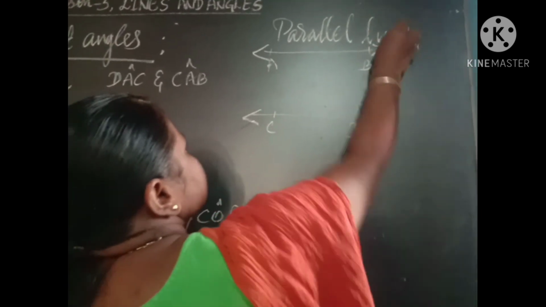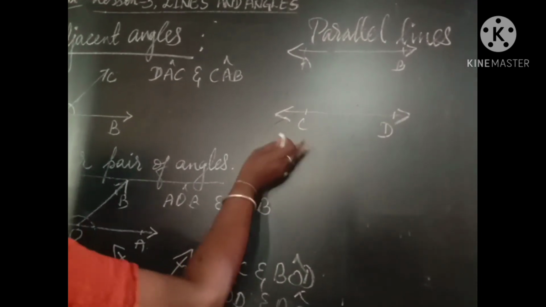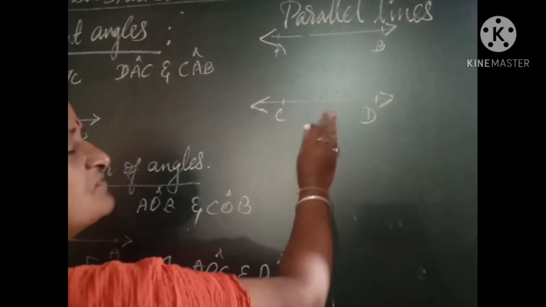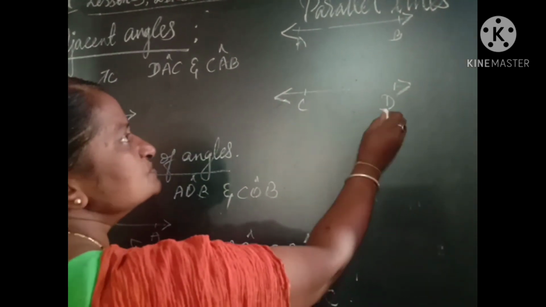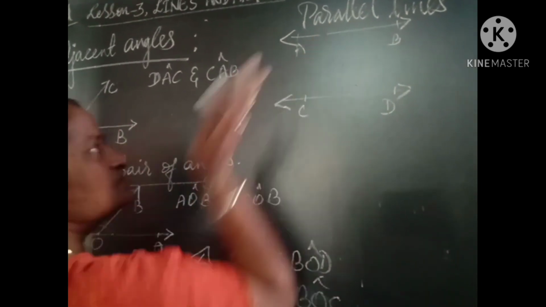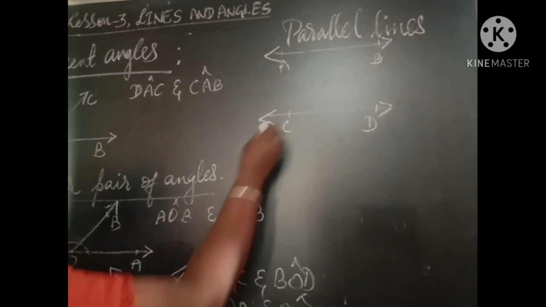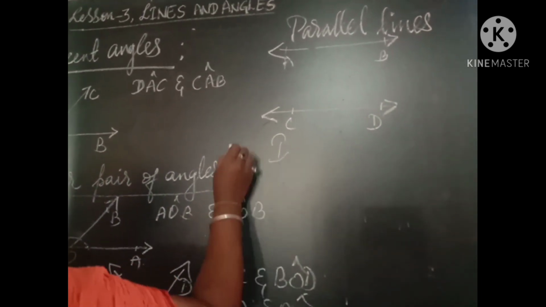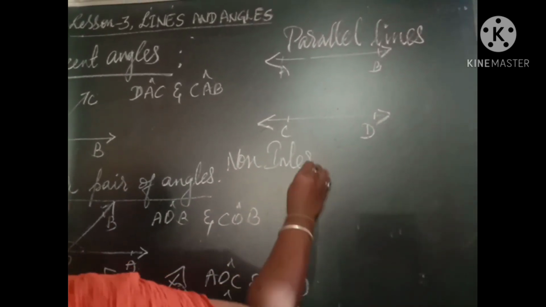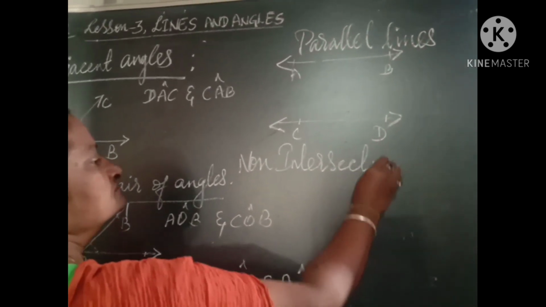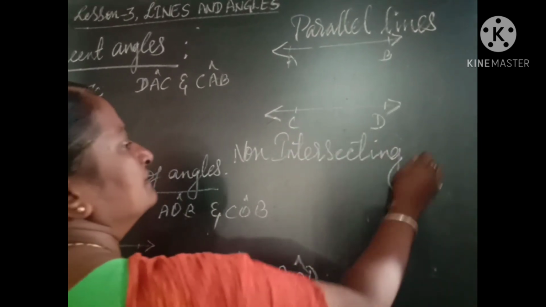The lines which are not intersecting are called parallel lines. So here AB is parallel to CD or CD is parallel to AB. Also we can say these are non-intersecting lines.